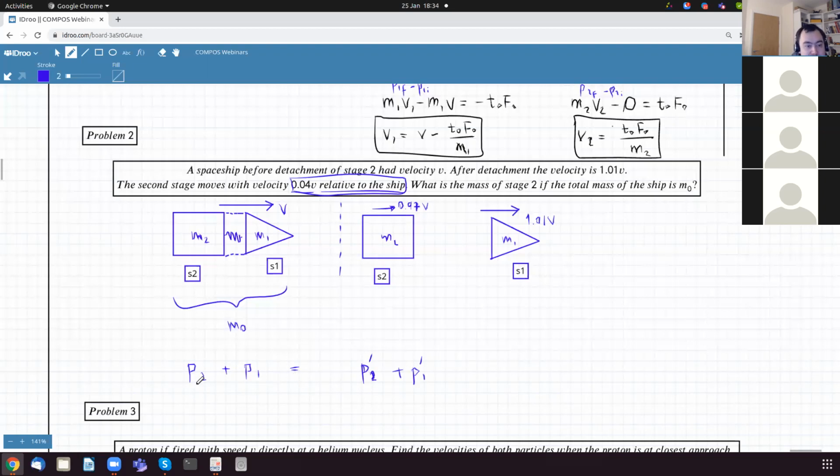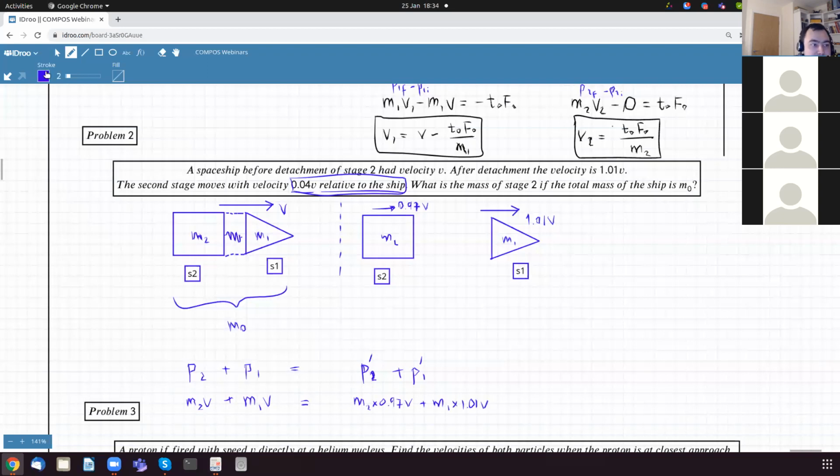Okay, so P2 is M2 V plus M1 V, and after it is M2 times 0.97 V plus M1 times 1.01 V.